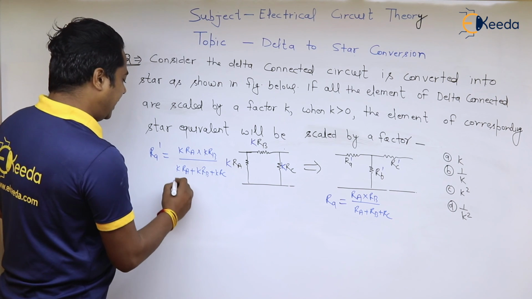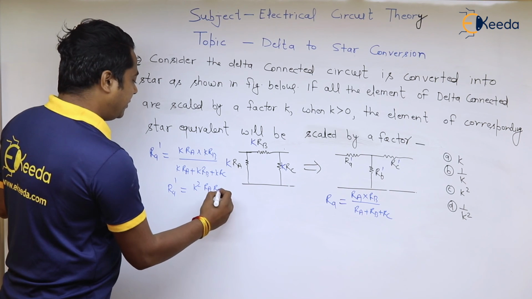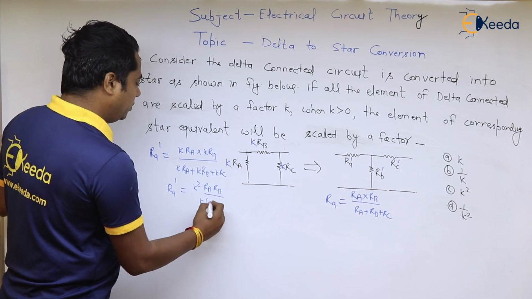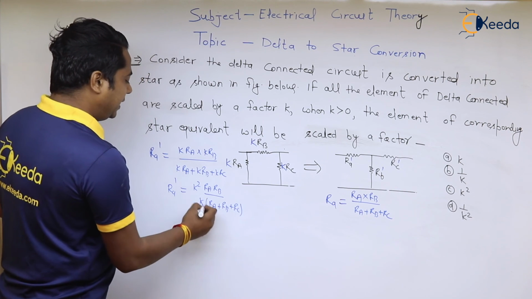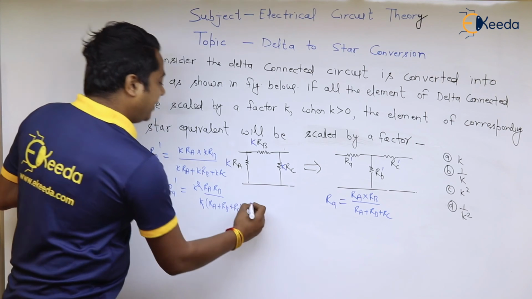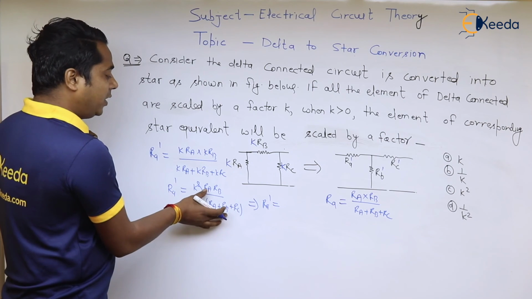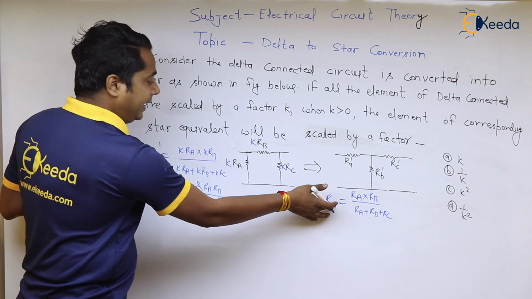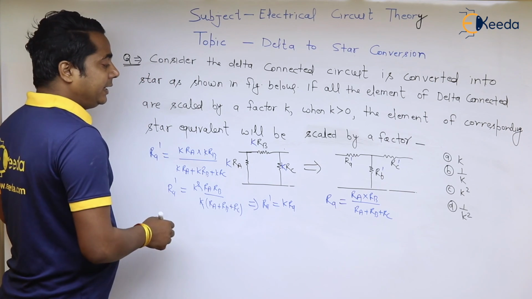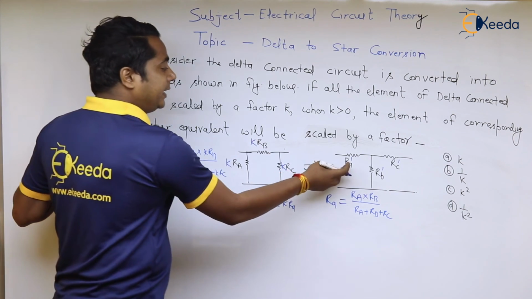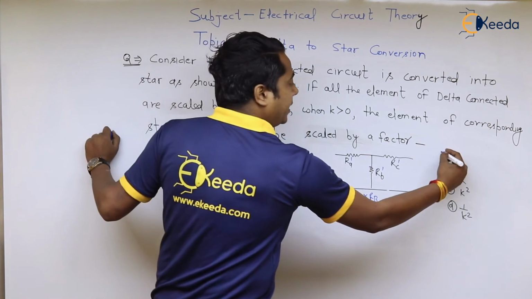So, the value of RA dash will be equal to k square RA RB upon k into RA plus RB plus RC. k and k will be cancelled out. Then the value of RA dash will be equal to what? This is the value of your RA. So k times RA. It means if you are scaling with k here, then here it is also scaled by k. So option will be A. Thank you.